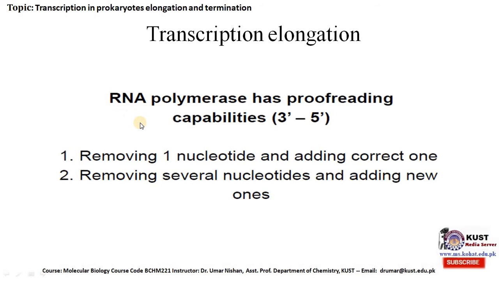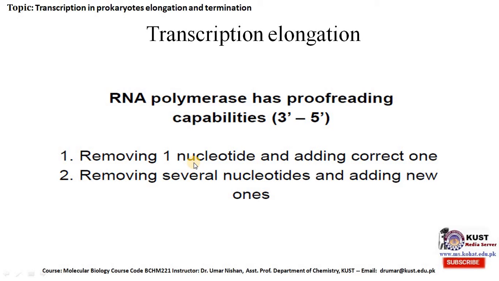The answer to this is that RNA polymerase has proofreading capabilities 3' to 5'. This can happen in two ways. One is removing one nucleotide and adding the correct one. The other is removing several nucleotides and adding new ones.